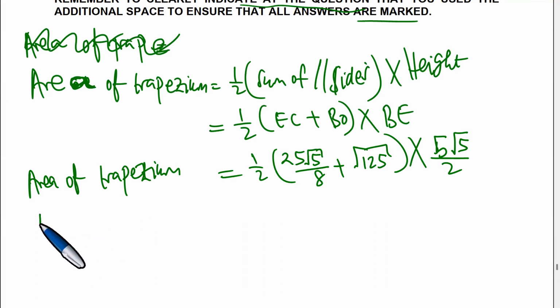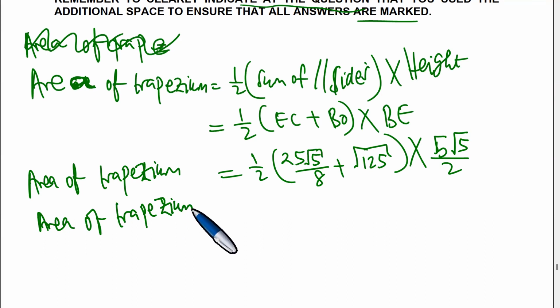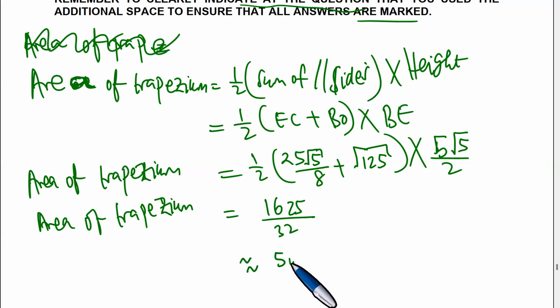So the area of trapezium is, you multiply all this and it becomes 1625 out of 32, which is approximately 50,8 square units.